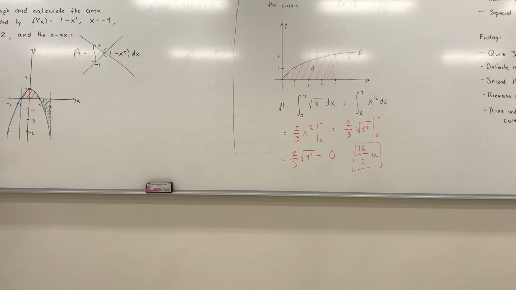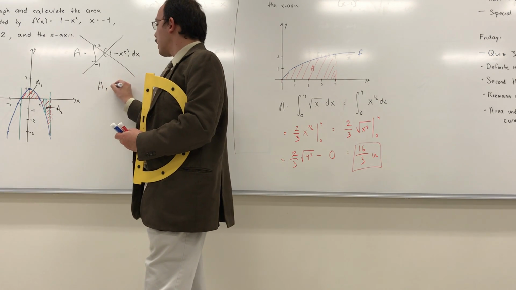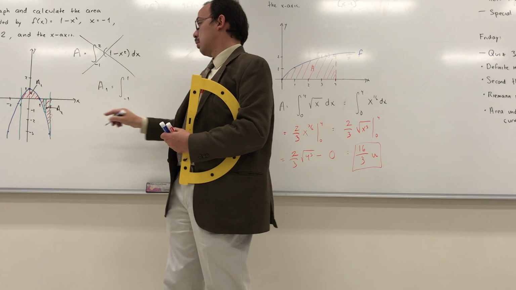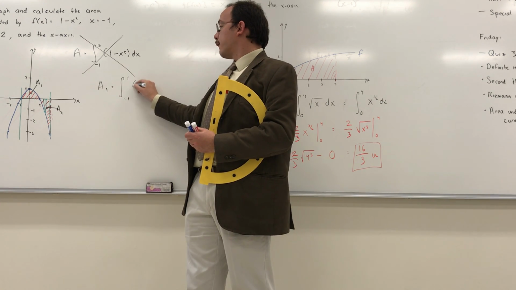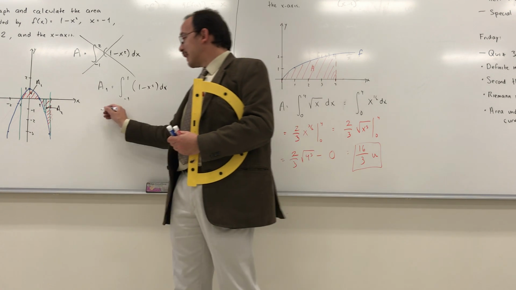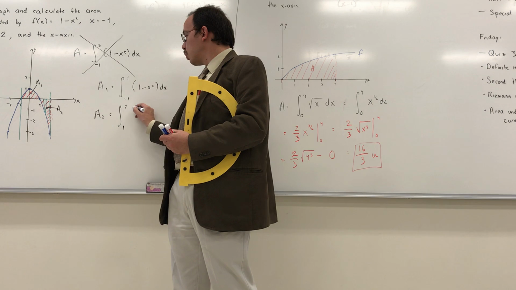So in this case there are 2 areas. Let's call this one area 1, this one area 2. So area 1 is going to be from minus 1 to 1 of the formula, 1 minus x squared dx. The second integral is from 1 to 2.